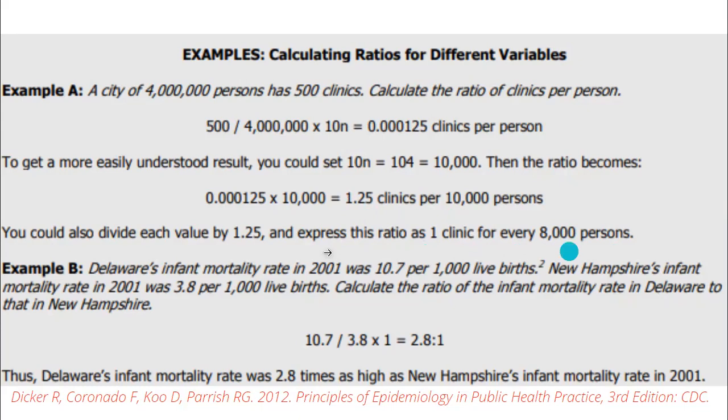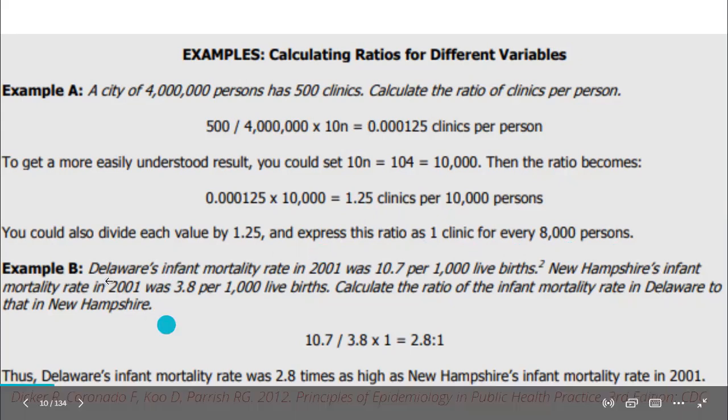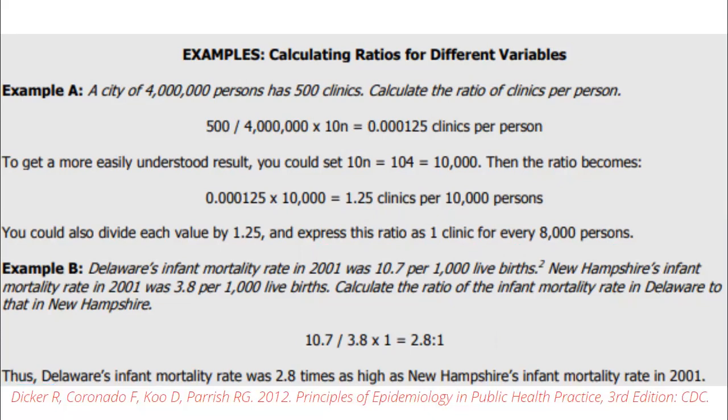So next we have another example. Delaware's infant mortality rate in 2001 was 10.7 per 1,000 live births, and New Hampshire's infant mortality rate in 2001 was 3.8 per 1,000 live births.